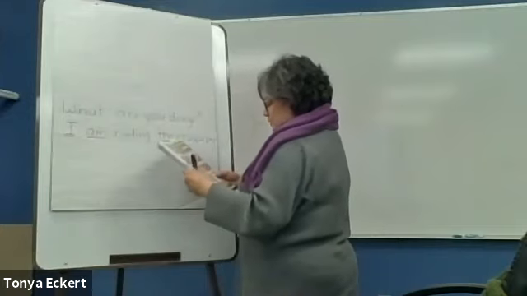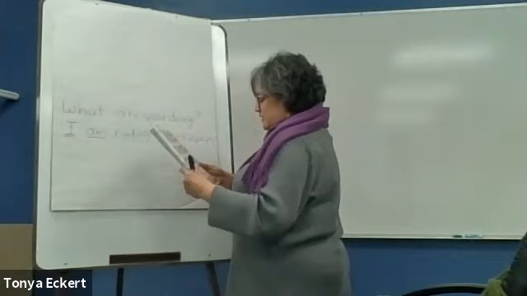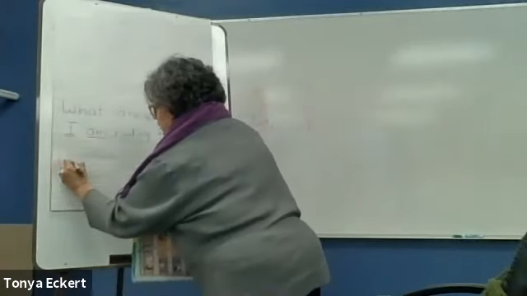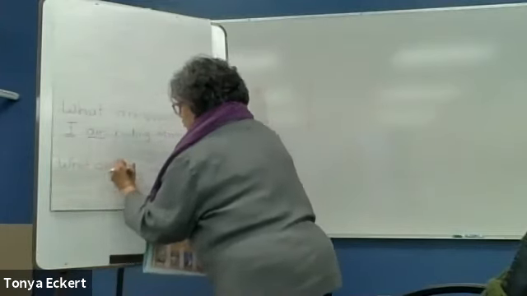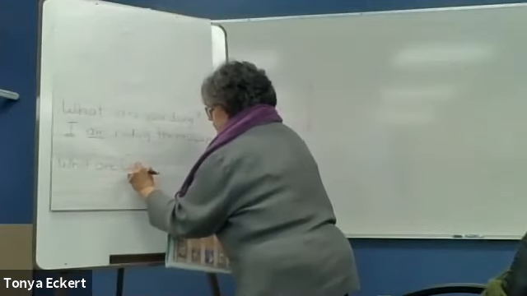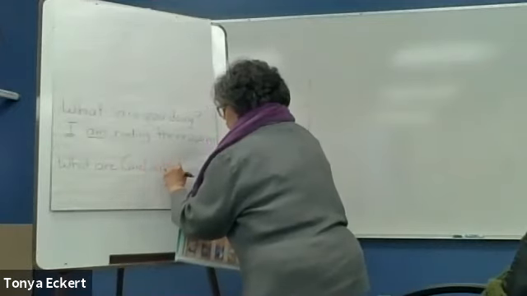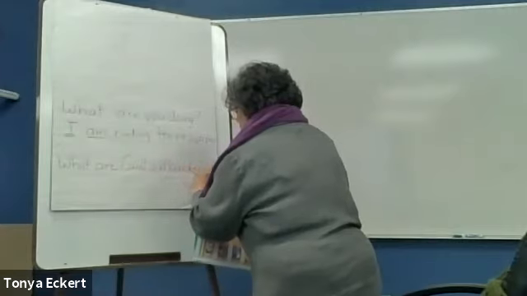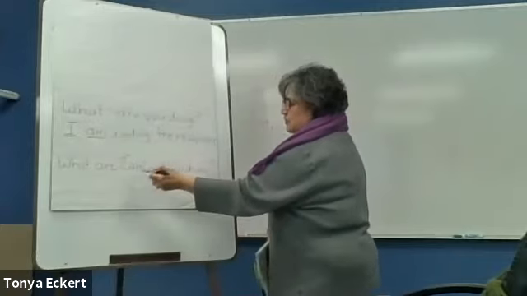Then the next one, I'm going to skip down to number 6, all right? What are Carol and Ken doing? What are Carol and Ken doing? Now they use proper nouns here, Carol and Ken.